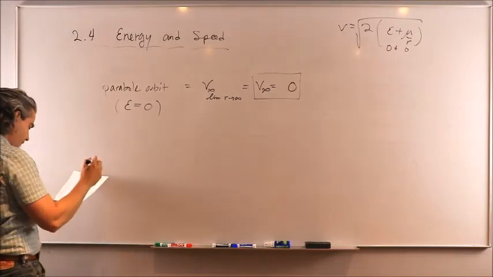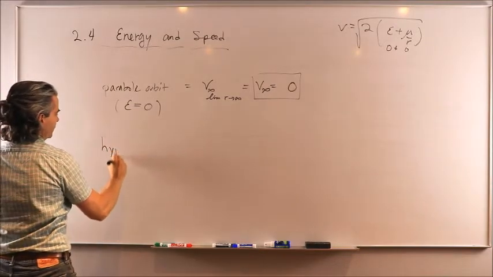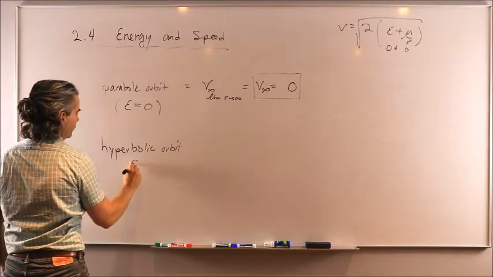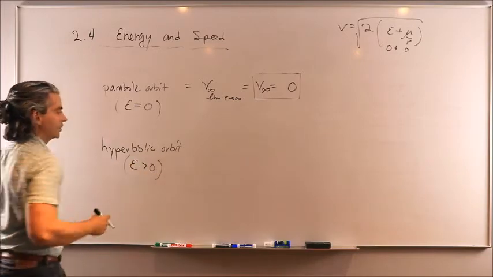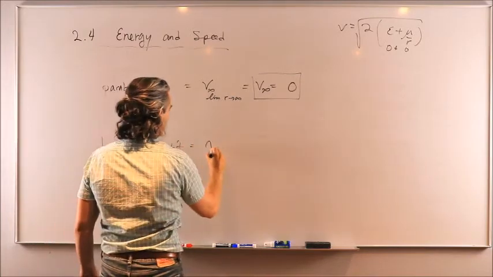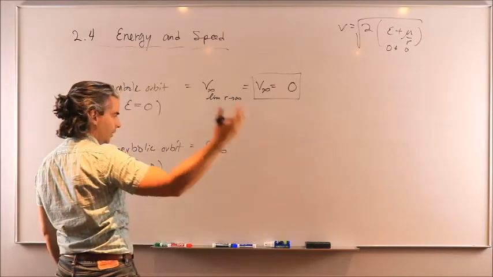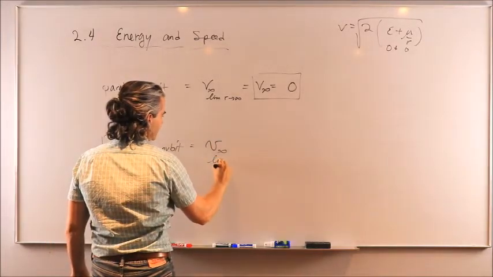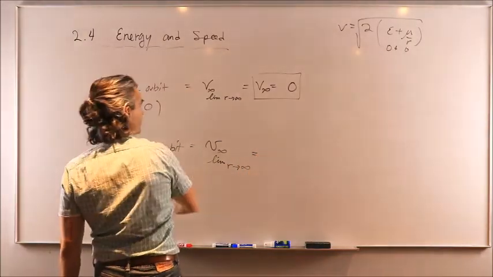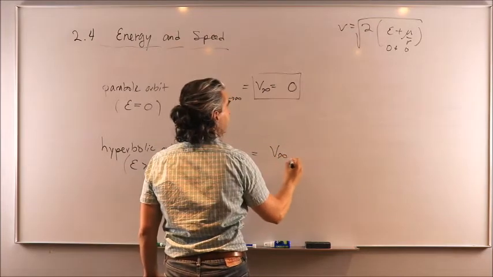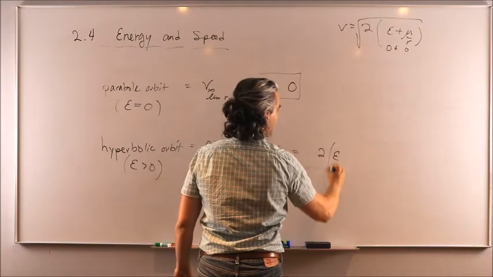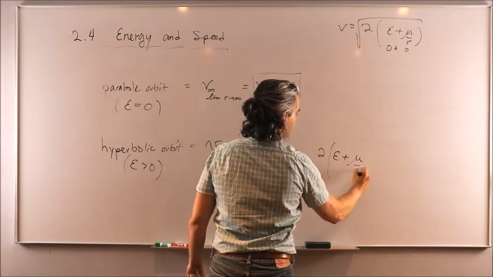On a hyperbolic orbit, where we have orbital energy being positive, in other words, sufficient energy to escape the gravitational field of the planet, again, we're going to look at the speed whenever we have escaped the field. This is done by taking the limit of r towards infinity. Whenever the energy is a positive number, we're going to say that this is V infinity equal to the square root of 2 times orbital energy, positive number, plus mu over r.